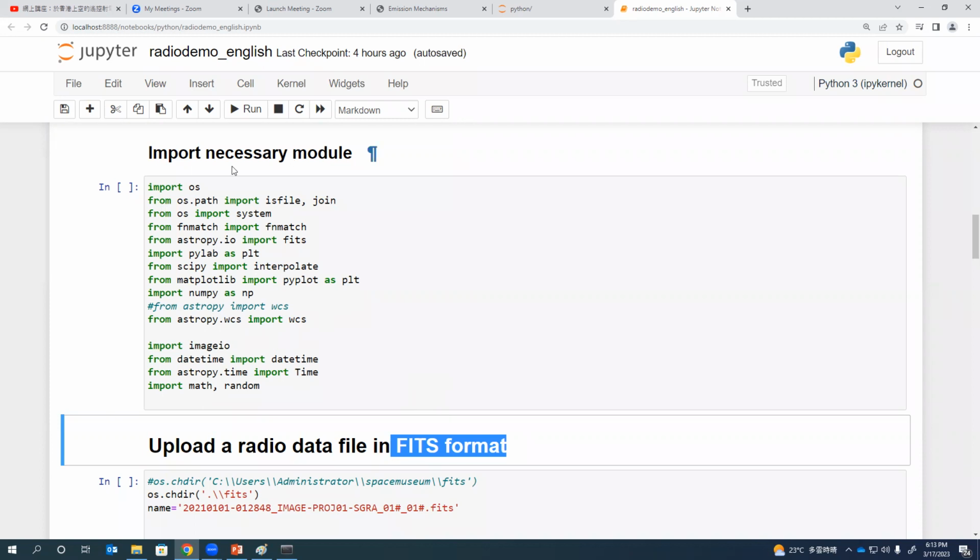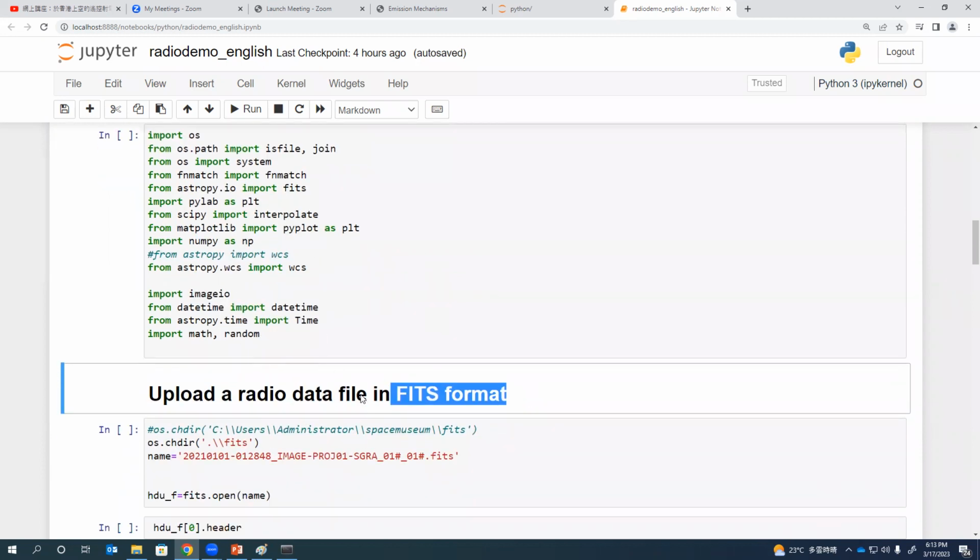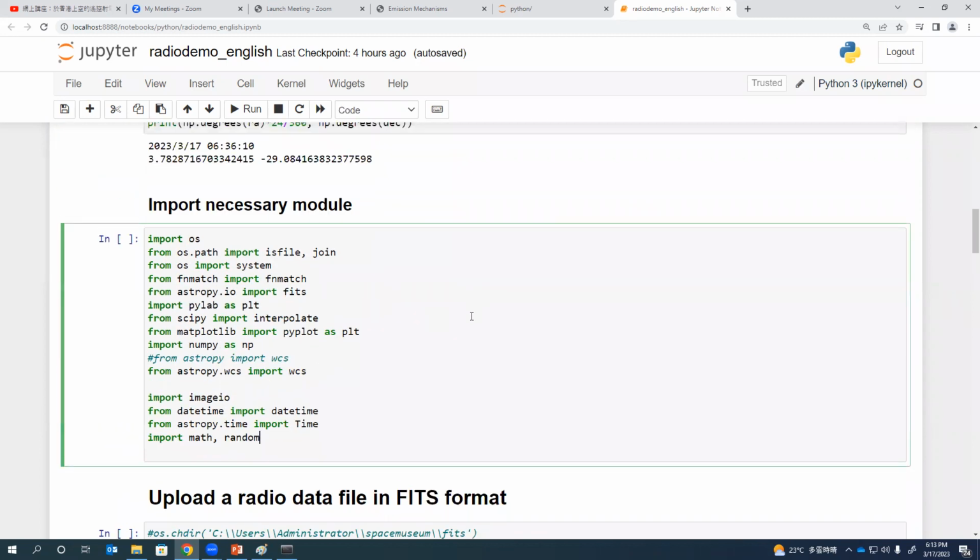So we would like to show you how we can import some modules and then upload the radio file to do some processing first.